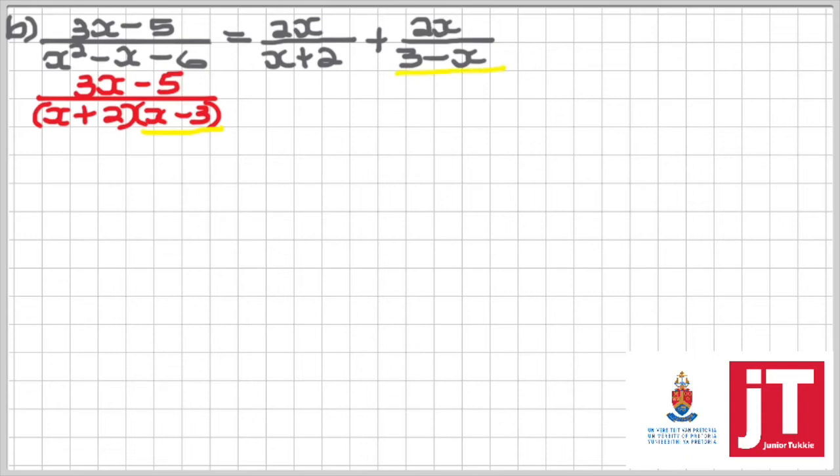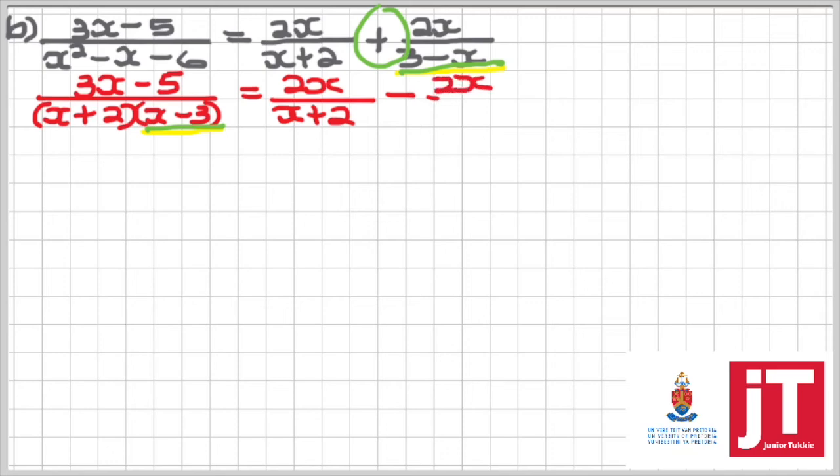So I can apply or enforce a sign change right there so that this denominator will be the same as that factor. Thereafter, I'm going to get 2x over x plus 2. Enforcing a sign change, it becomes minus 2x over x minus 3.